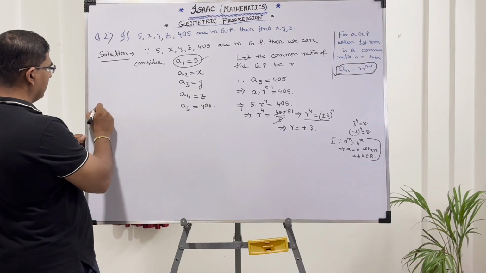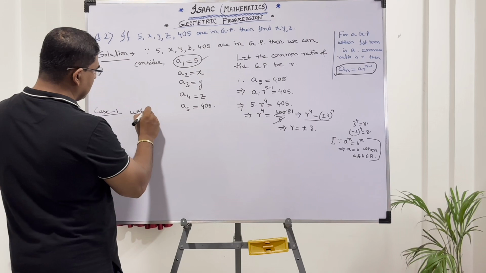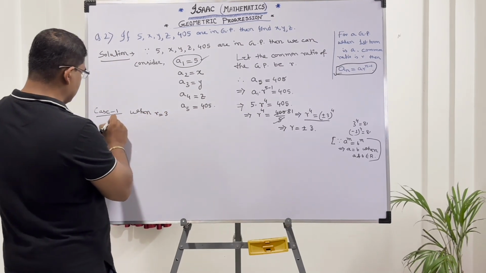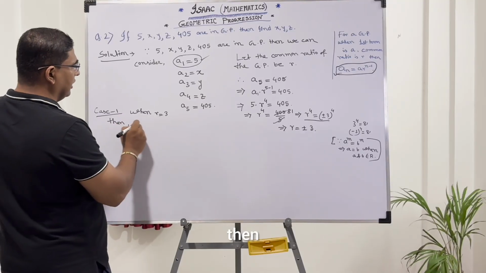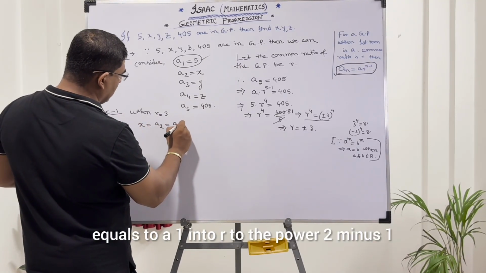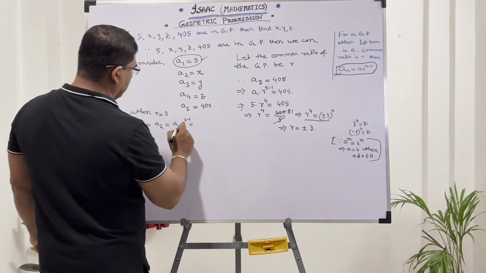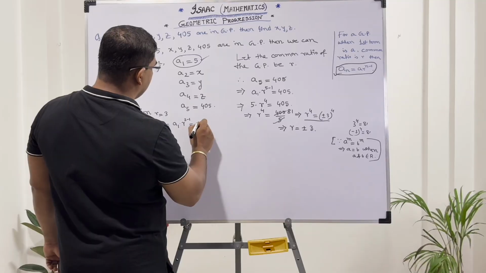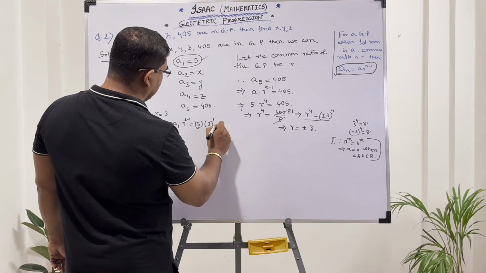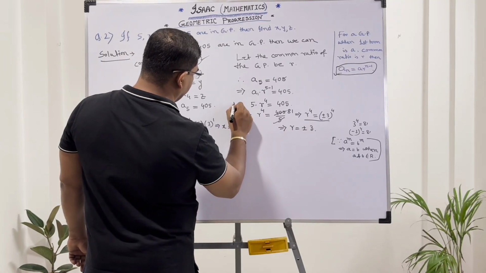Case 1. When R equals to 3, then X equals to A2 equals to A1 into R to the power of 2 minus 1 equal to 5 into 3 to the power 1, implies X equals to 15.